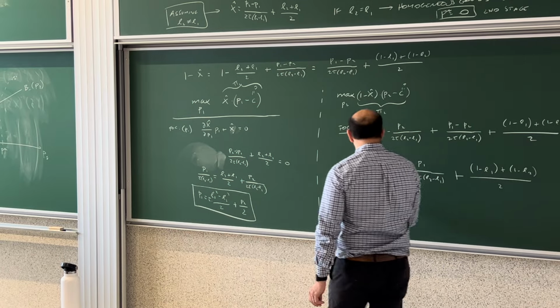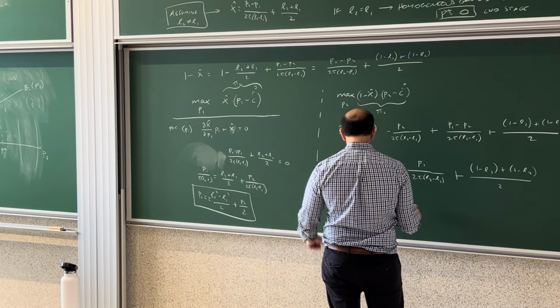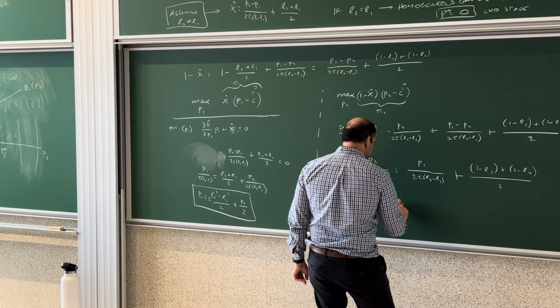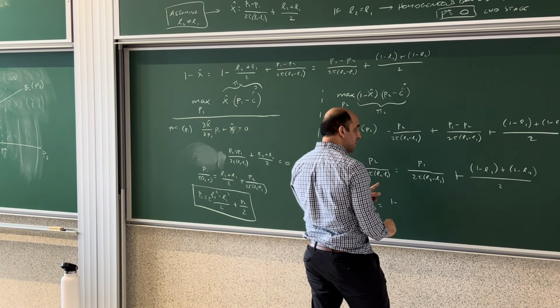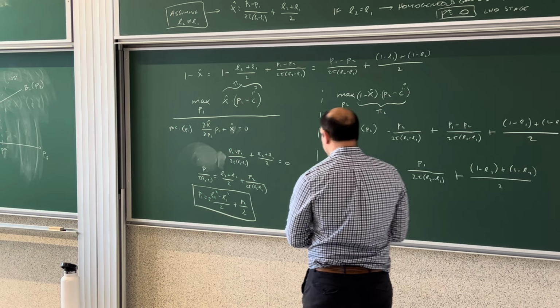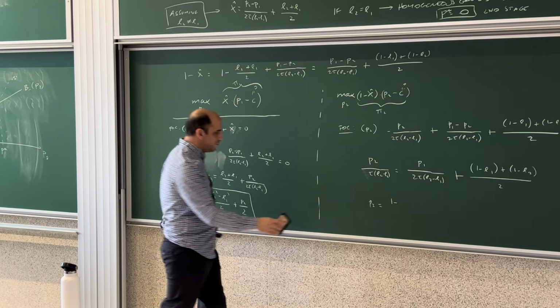And now P2 is going to be equal to P1 over 2 plus a constant. So let's think about the constant first.